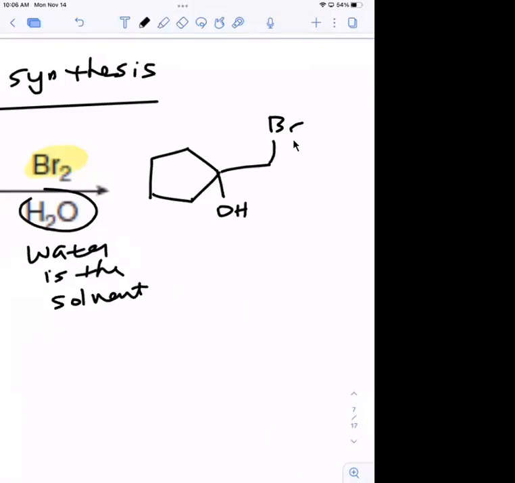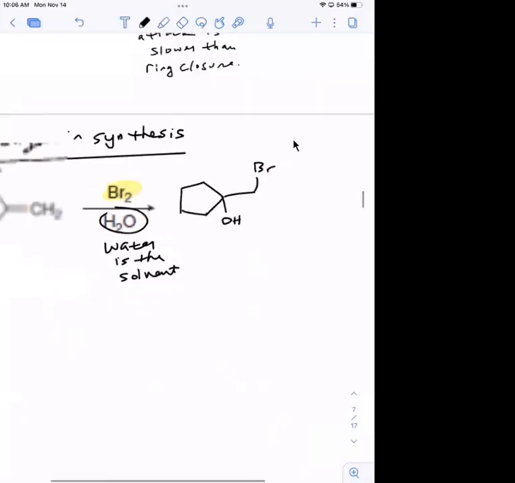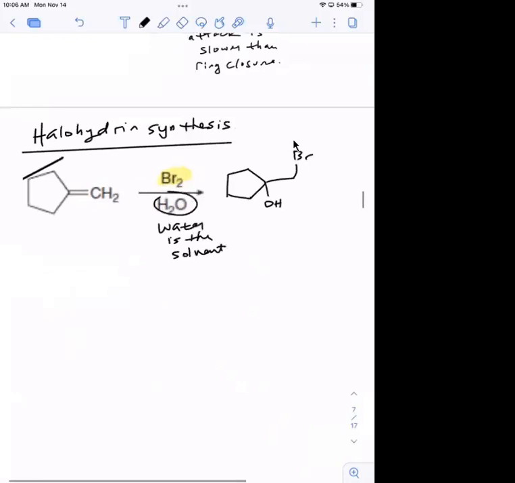That means there's a lot more water than there is bromine present, right? So if we start with, let's say, 1 mole of bromine, but you do it in 50 mils of water, that's a whole lot more moles of water.